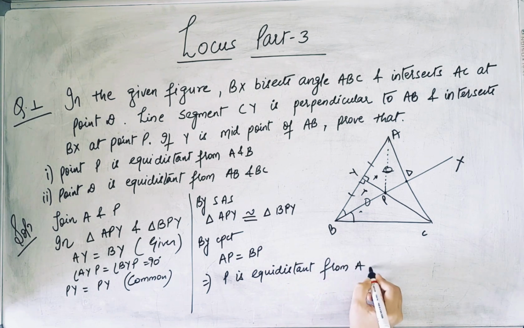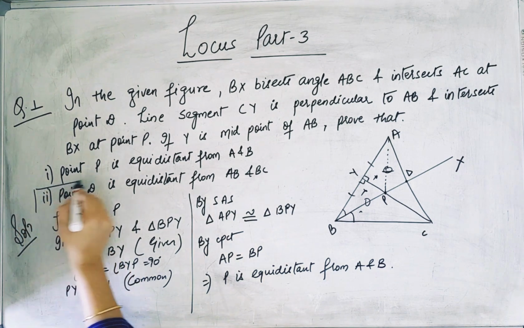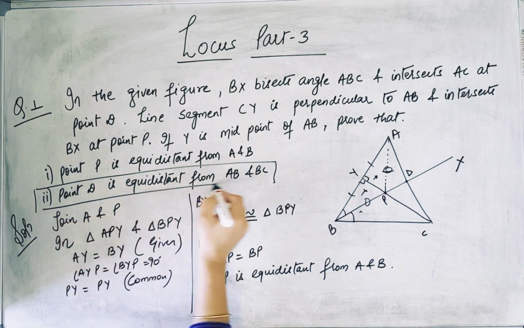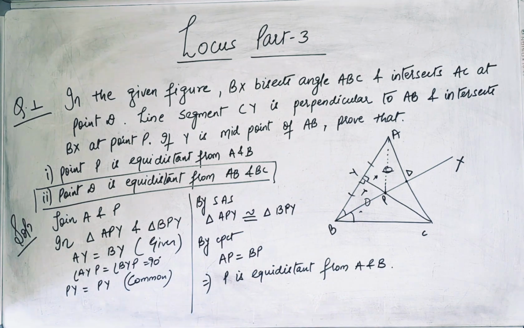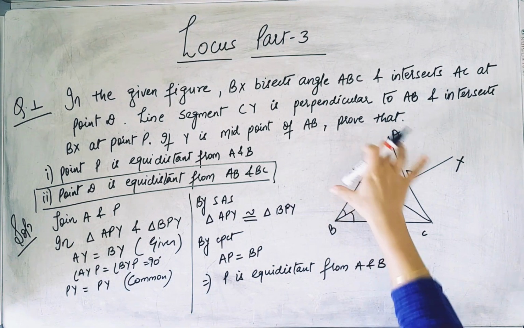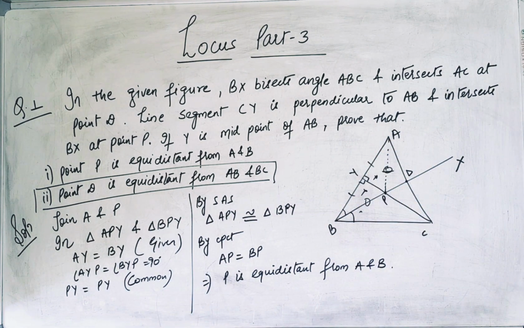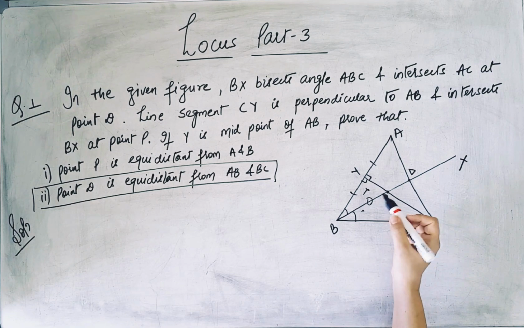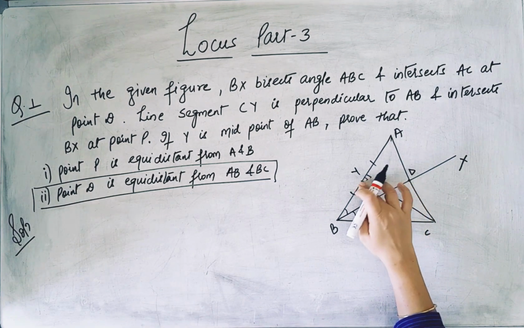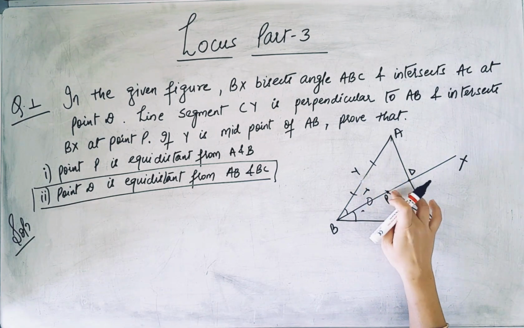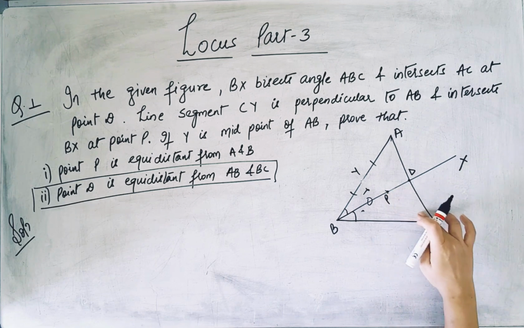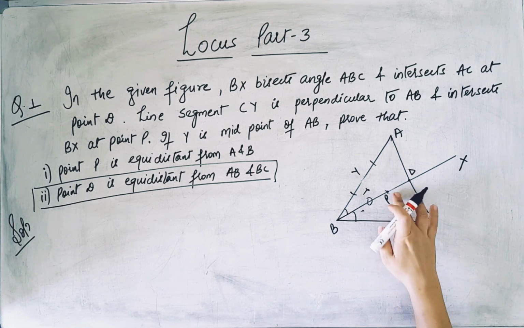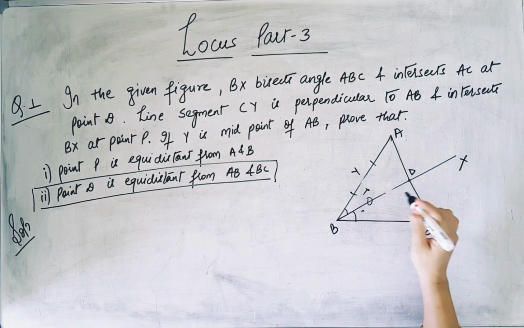from A and B. Now we'll prove the second part, that point D is equidistant from arms AB and BC. For the second part, we'll draw a different diagram. We'll rub this PY and we'll also rub this PC, because there is no need of these points.